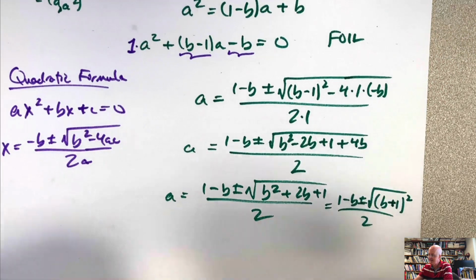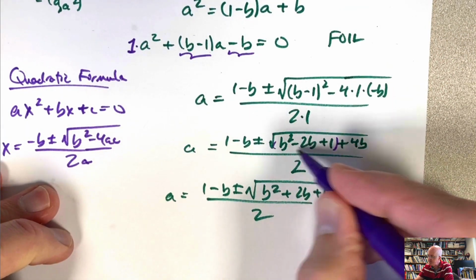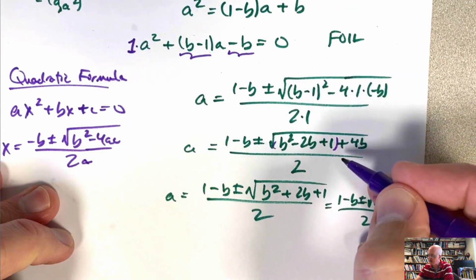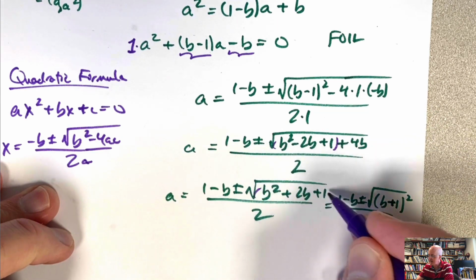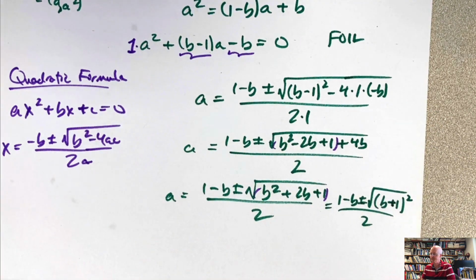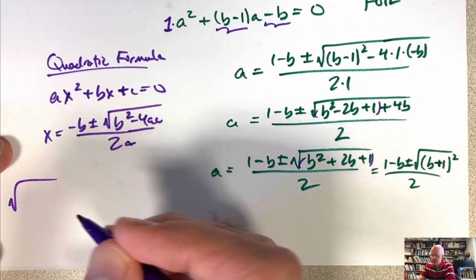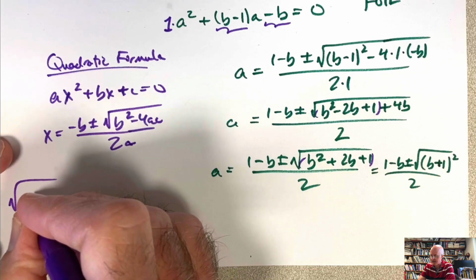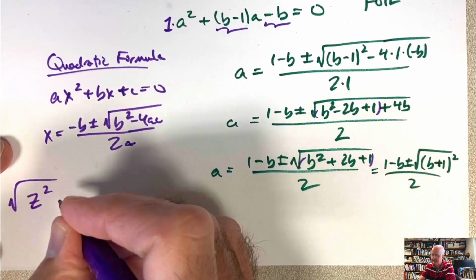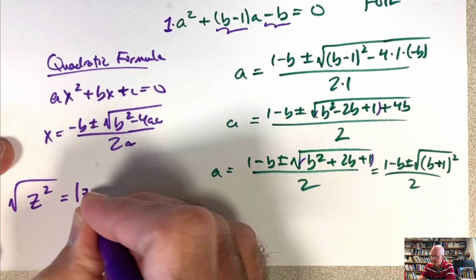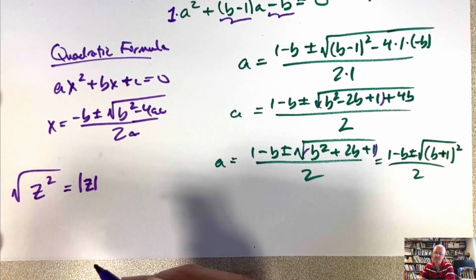Just like this thing in here was b minus 1 quantity squared, so this thing here is b plus 1 quantity squared. Now technically the square root of something squared, let me write a z squared or something, is technically the absolute value of that number, not the number itself.